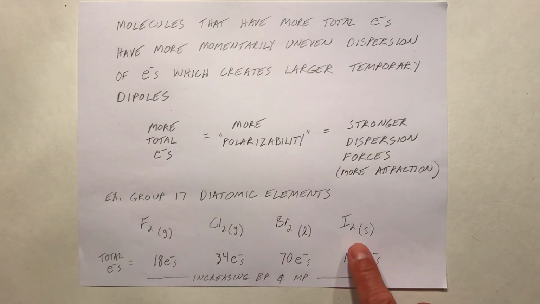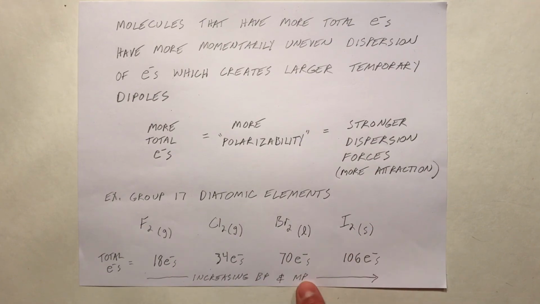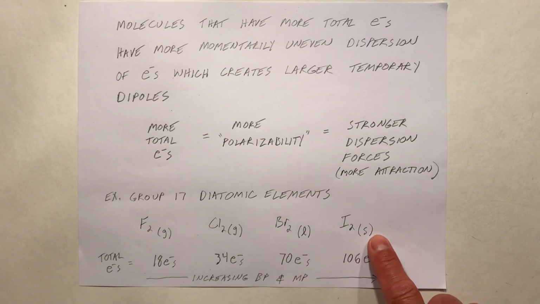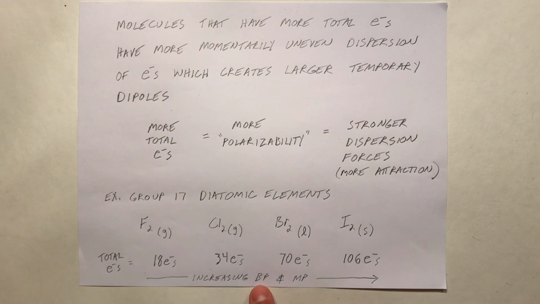And iodine not only has a larger boiling point, of course it must have a larger melting point because it's already solid at room temperature. So we can make predictions that when molecules have stronger attractive forces, it's harder to get them to boil and it's harder to get them to melt.